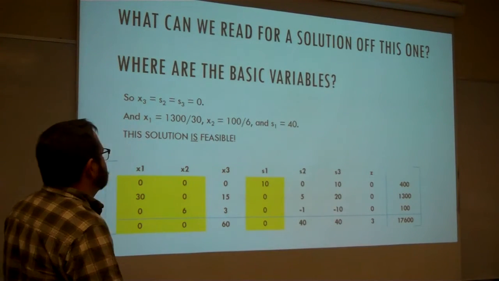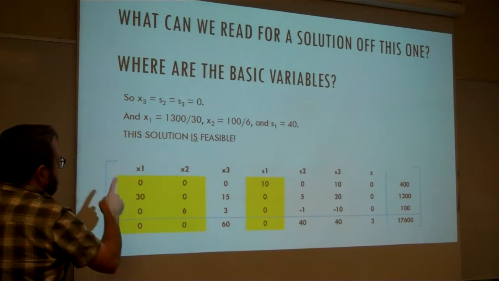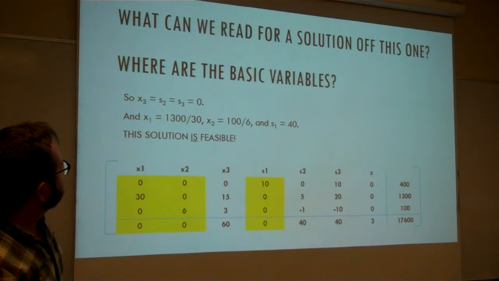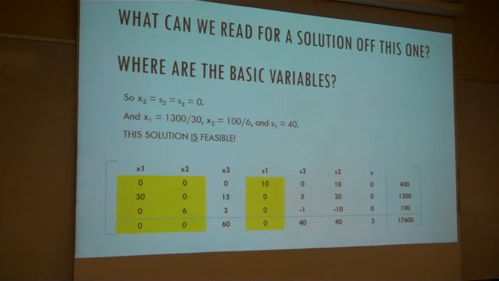I didn't actually do the math as to what they are, but it adds up to more than 60. It's a feasible solution. We have no slack variables that are negative. This is a feasible solution. Doesn't mean it's the best one.